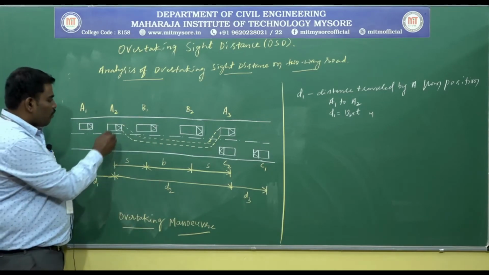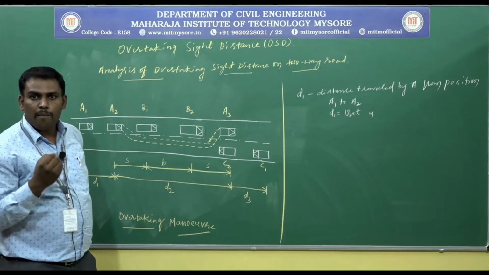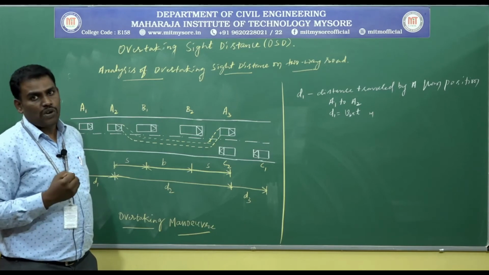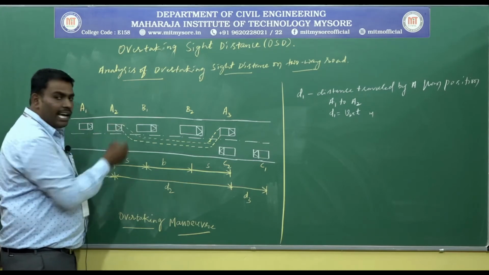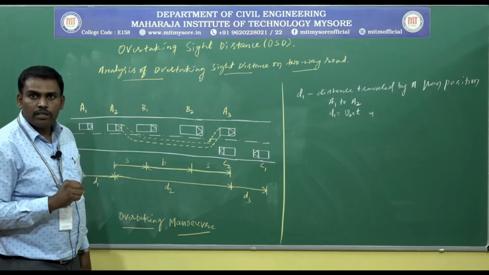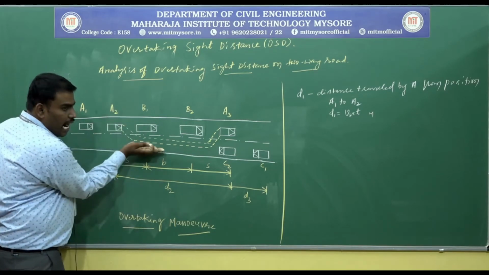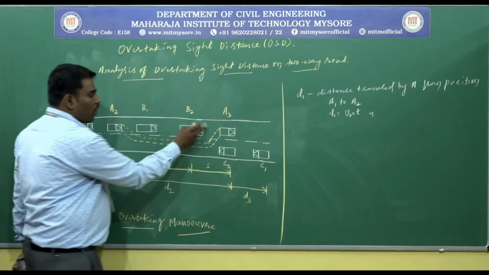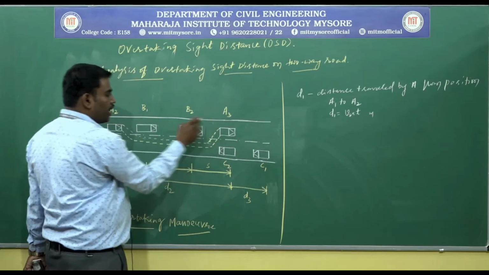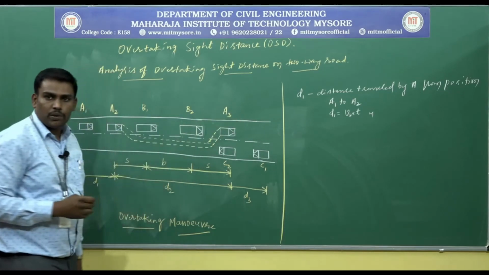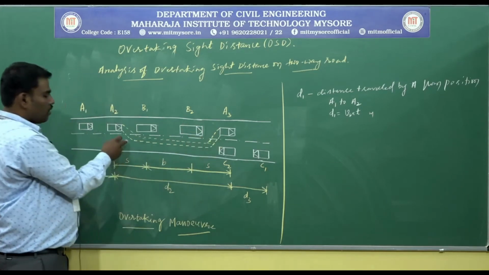From position A2, the overtaking vehicle waits for a better opportunity to overtake the slow moving vehicle B. When he gets an opportunity, the driver of vehicle A accelerates, shifts to the adjoining lane, overtakes the slow moving vehicle B and shifts back to the original lane ahead of it, maintaining the same spacing S.